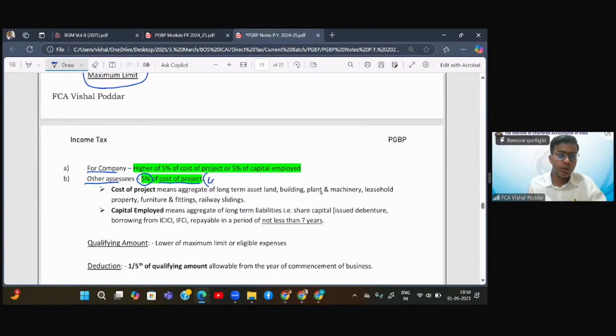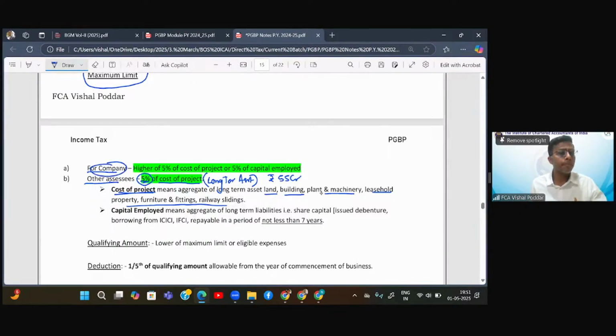Cost of project means your long-term assets. See here, the definition is given, like land, building, plant, machinery, leasehold property, etc. All these are long-term assets. So make a total of your long-term assets, take 5% of that.